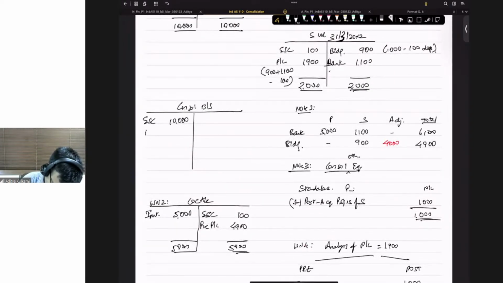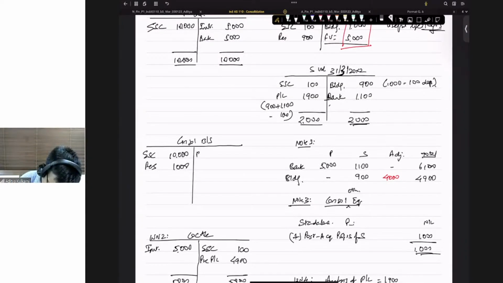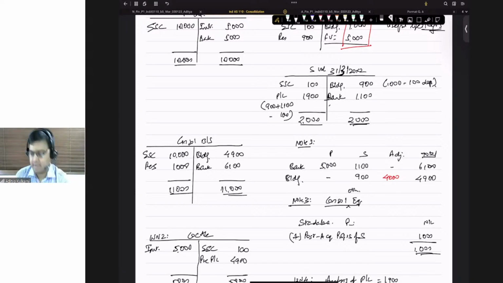So reserves or other equity, what you call, this is going to be 1,000. Then I will be having building appearing at 4,900 and bank balances at 6,100. So this is 11,000, this is 11,000. And this is your consolidated balance sheet.